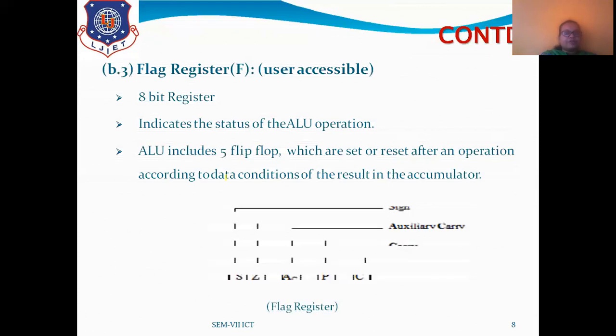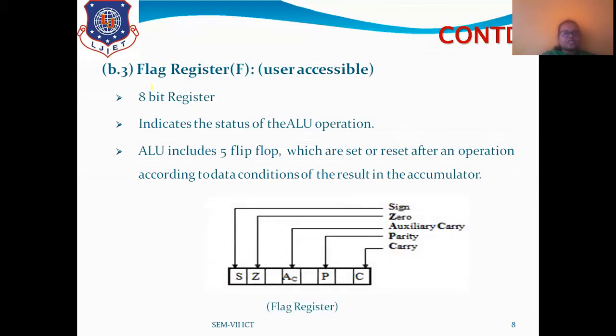Now, going further with the third special type of register, that is the flag register, which is also user accessible. Right, so it is again an 8-bit register, and it indicates the status of ALU operations. After ALU operations have been performed with the accumulator, the flag register is updated.